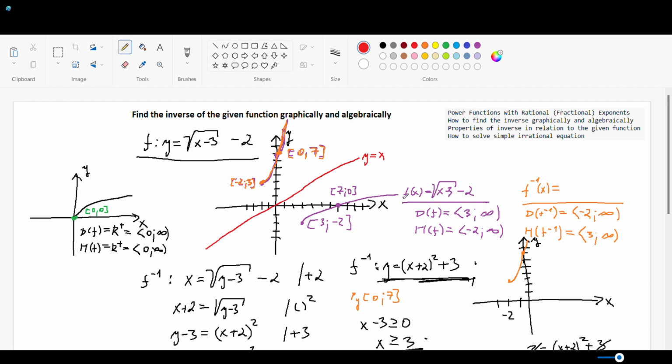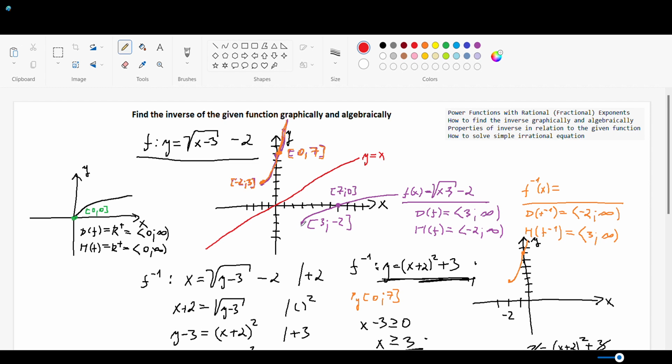Then I showed you how to find the inverse function graphically, with the knowledge that the given function and inverse function are symmetric with respect to the line defined by the equation y equals x, and that the domain of the original function becomes the range of the inverse and vice versa.